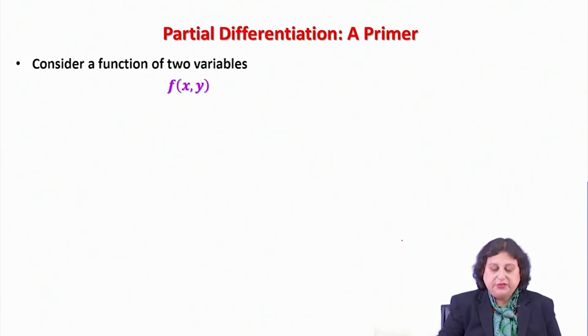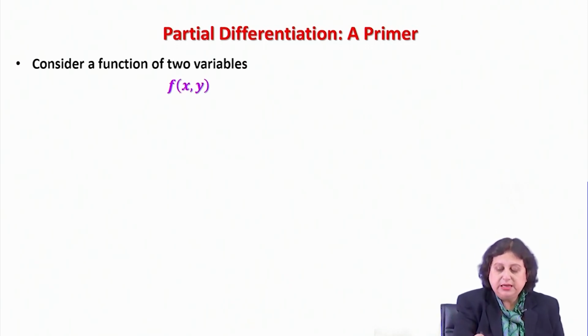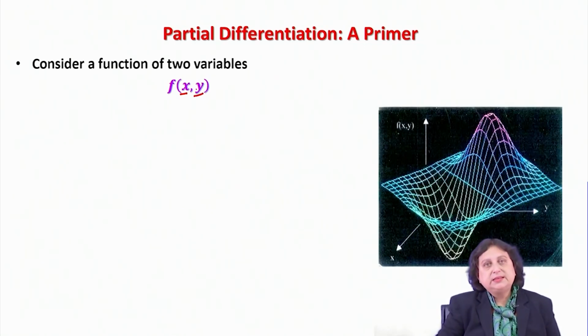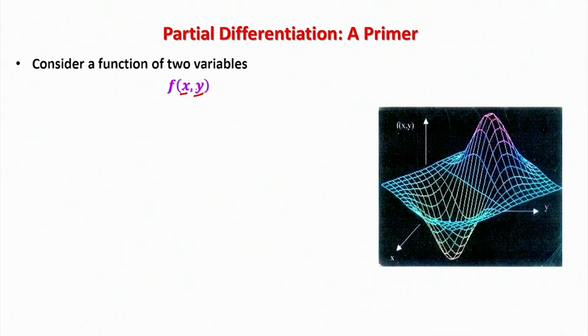By definition, I have two independent variables x and y and one dependent variable f. Typically, this is a very complicated function f of x, y. As you can see, for a given value of x and y, this is the corresponding value of f. For some other value of x and y, this is the corresponding value of f.